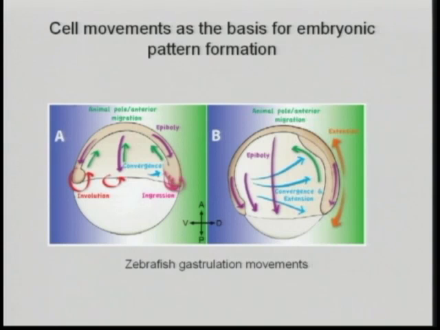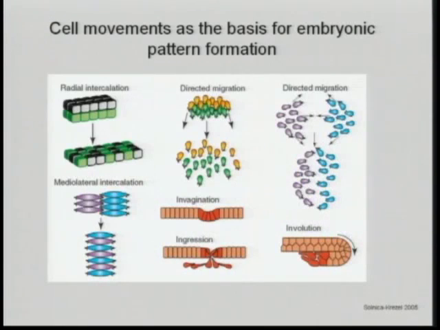So how do these cells have these different behaviors? If we look more carefully at the single cell level, we can see that there are several ways to achieve specific modes of cell movements.